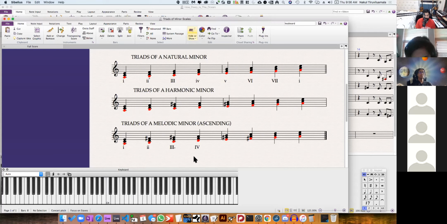Majors tend to sound happy. Minors. Wait, sorry, your mic gets muffled when you start playing the piano. Oh, it is. That is interesting. I wonder why that would happen. Well, I guess I'll just have to time my speaking and my playing.